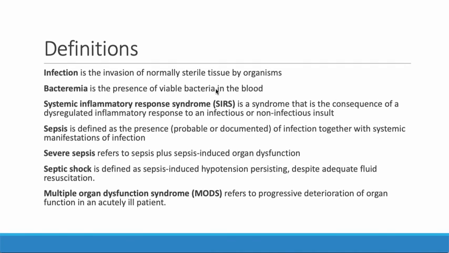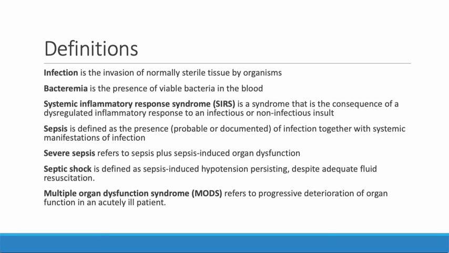Bacteremia is presence of the bacterium in the blood. The systemic inflammatory response syndrome is a syndrome that comes from massive inflammatory response, but it doesn't have to be from an infection. That's the critical thing to understand here. Can be from an infection or can be from a non-infectious insult.